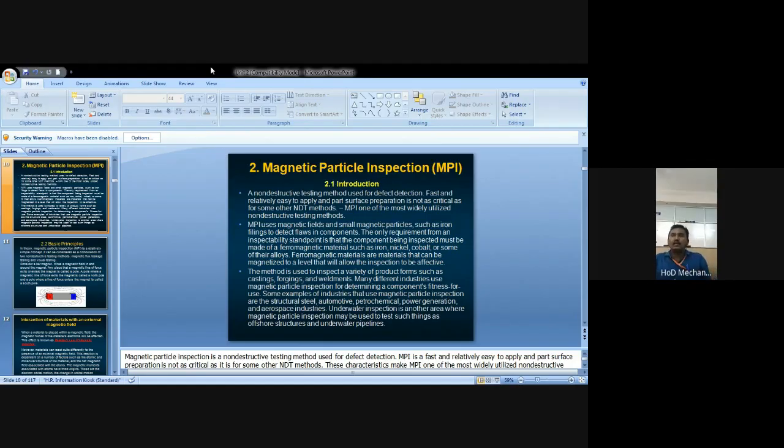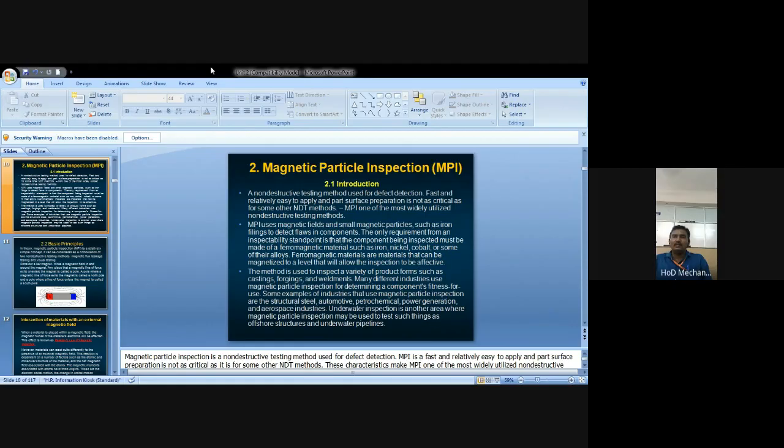In this MPT method, there is no need for critical preparation of the working specimen. This MPT method is the most widely utilized of the non-destructive testing methods.